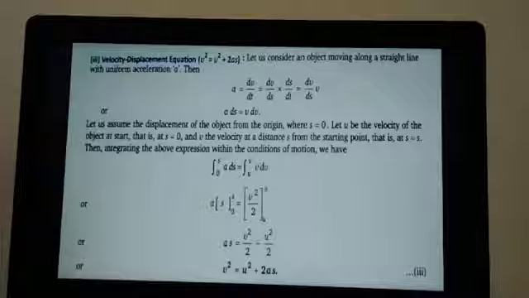Here also we make use of the same idea, with integration taken from t minus 1 to t. Don't get confused, we will come to that.